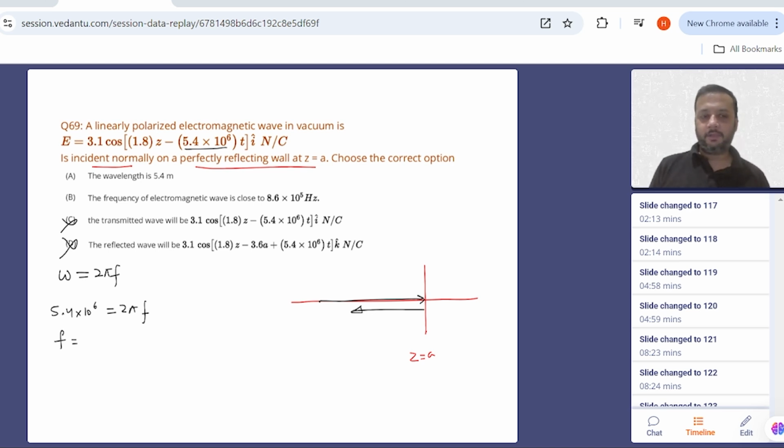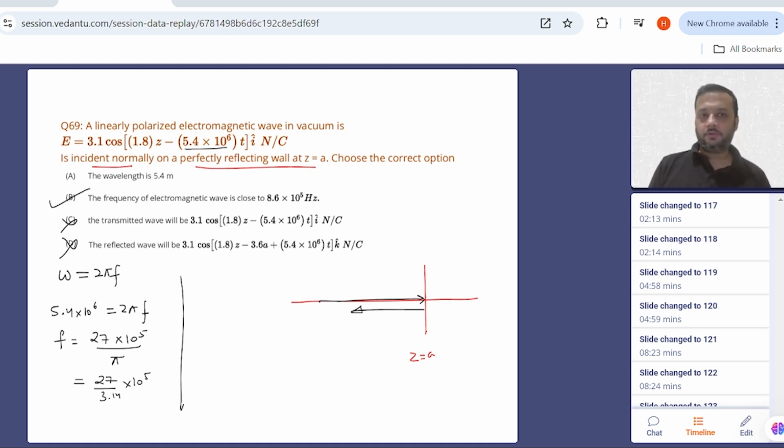So f will be simply 27 into 10 to the power 5 upon pi. 5.4 you can write as 54 into 10 to the power 5, and when 54 is divided by 2, it becomes 27. Now 27 upon pi, with pi as 3.14, into 10 to the power 5, when you do 27 upon 3.14, it will be close to 8.6. So option B is correct.